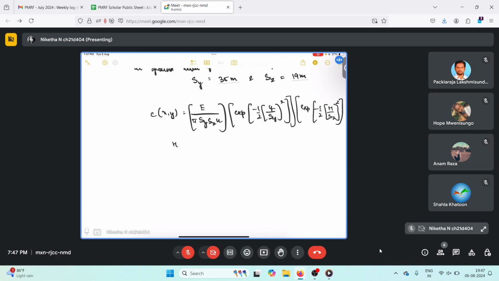So your effective stack height is 60 meters, which is already given. Emission rate is 1.1 kg per minute, which, when we convert it to grams per second, what is the value?